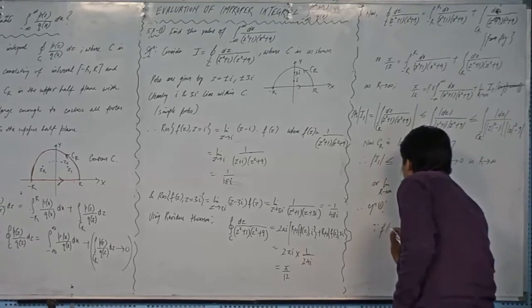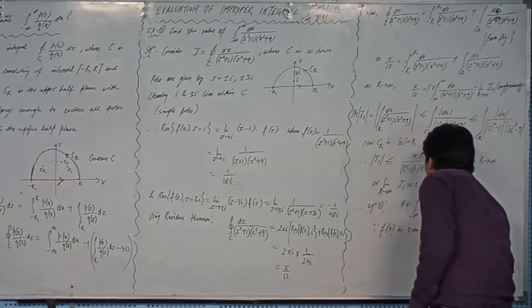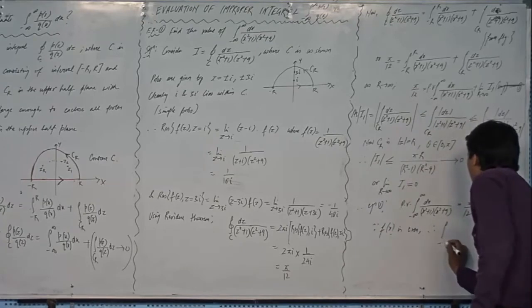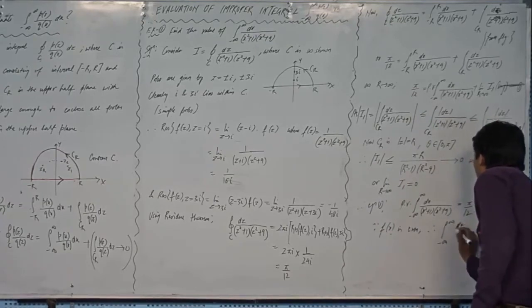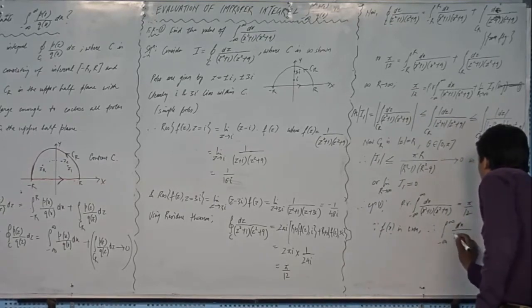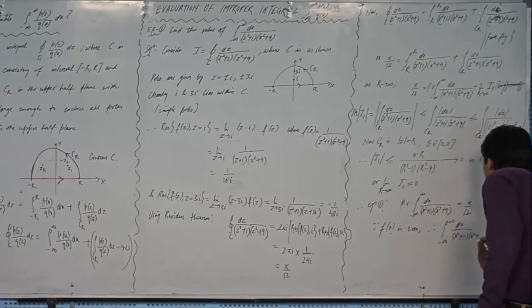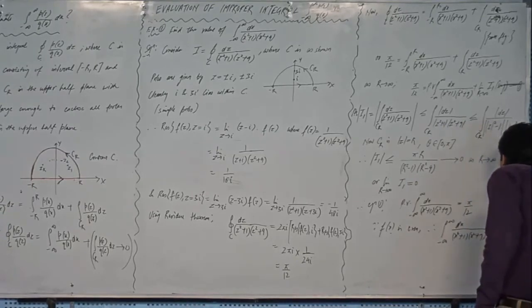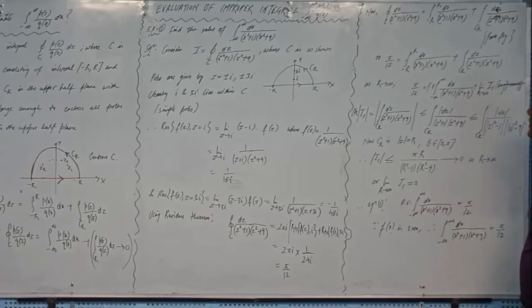Since f(x) is an even function, the value of the actual integral is equal to the principal value of the integral, that is equal to pi over 12, right?